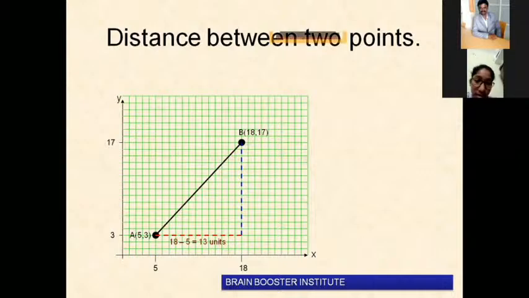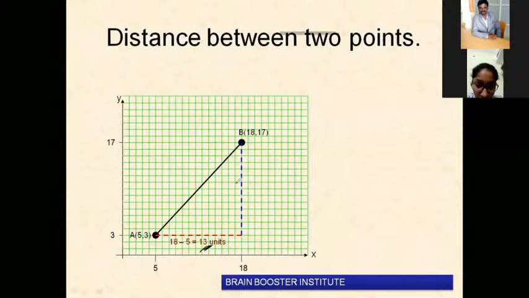How? It's 15. I've understood here, how did we get 18 minus 5 is equal to 13. Here, see.